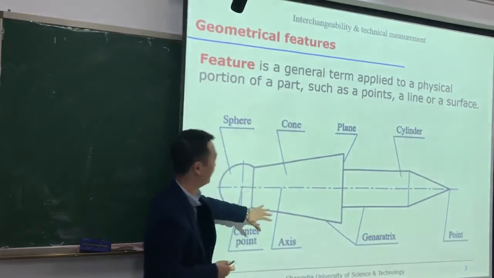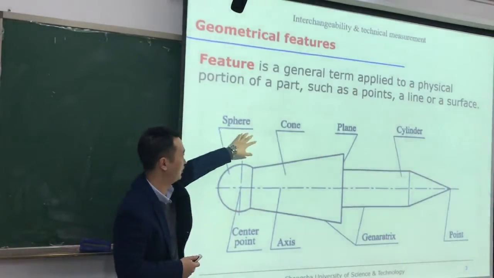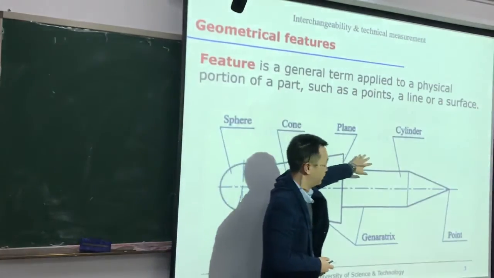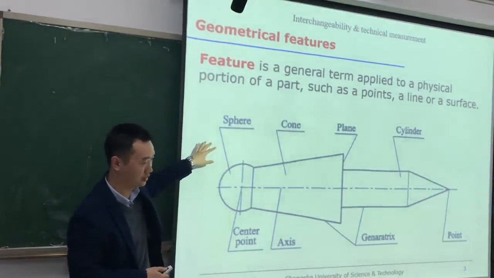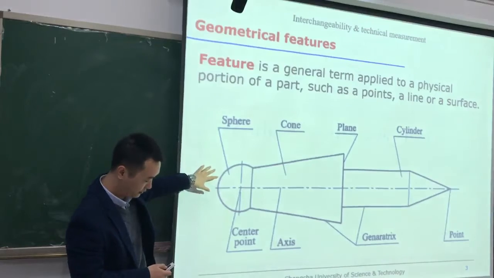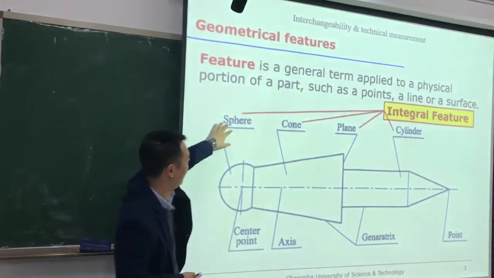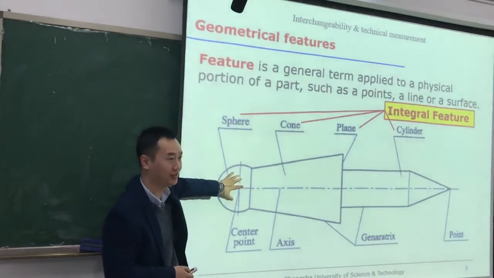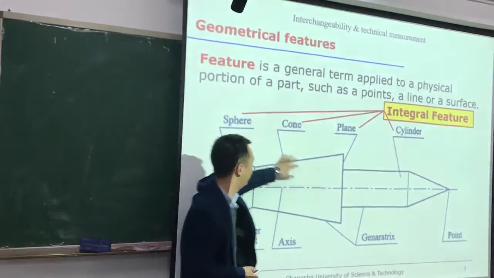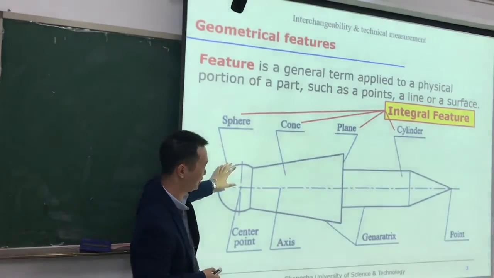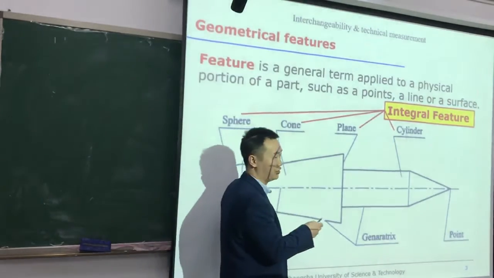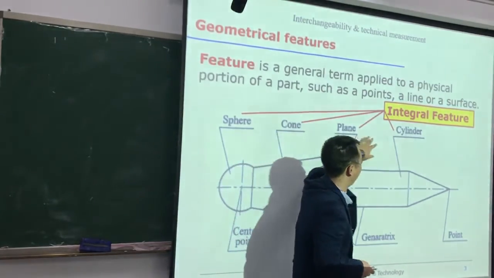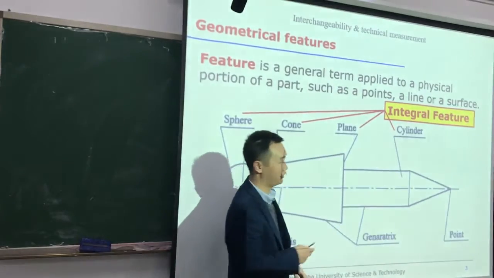So in this graph, the sphere, cone, plane, and cylinder are all features. They really exist on this workpiece, so they are categorized as integral features.